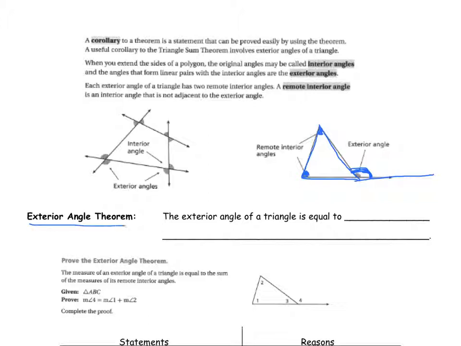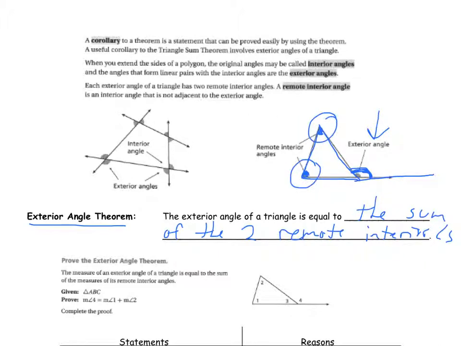The exterior angle theorem says that the exterior angle of a triangle, right here, is equal to the sum of the two remote interior angles. And what they mean by remote is the two angles not connected or adjacent to the exterior angle. So this angle is equal to the sum of the two remote interior angles. Very similar to where we cut the triangle and we put angles 1 and 2 on angle 4.